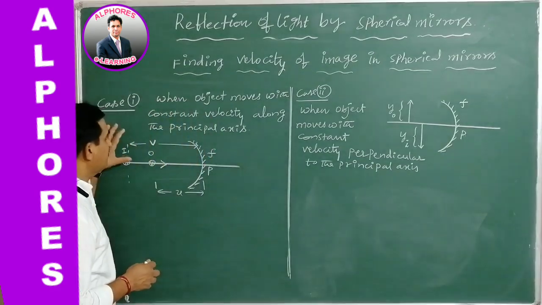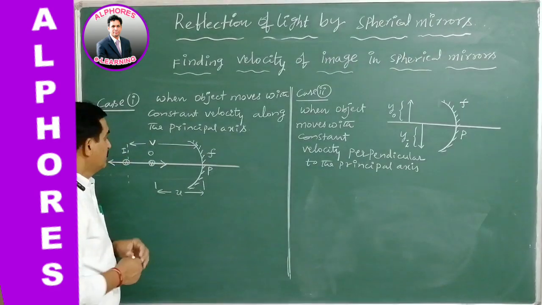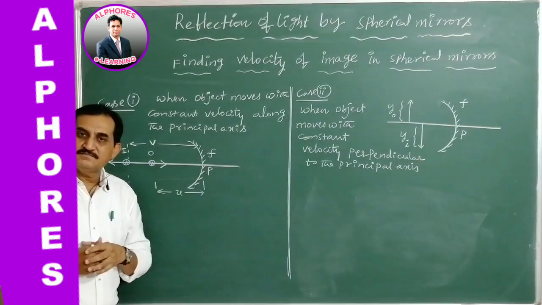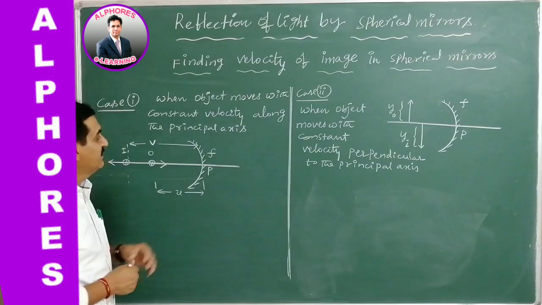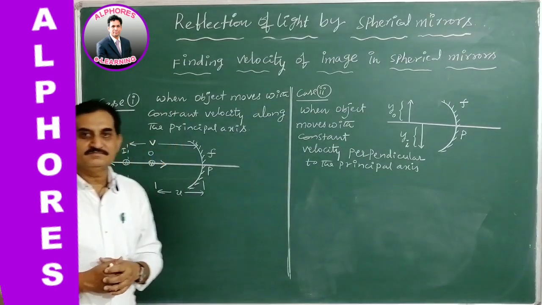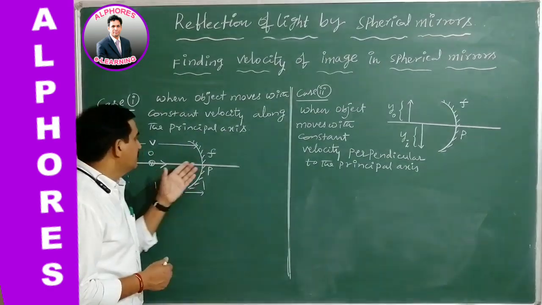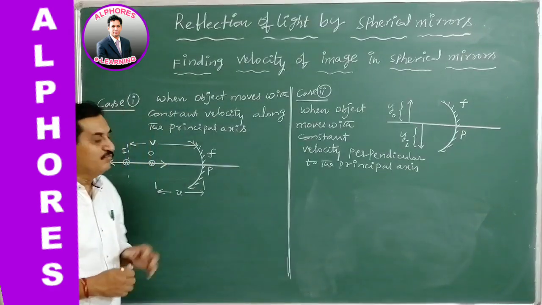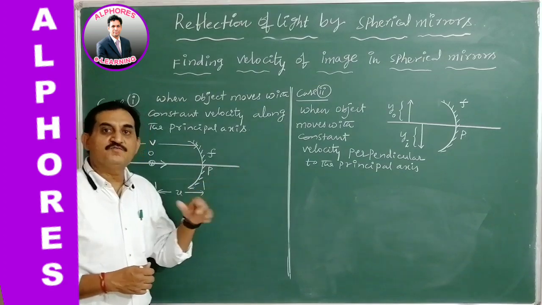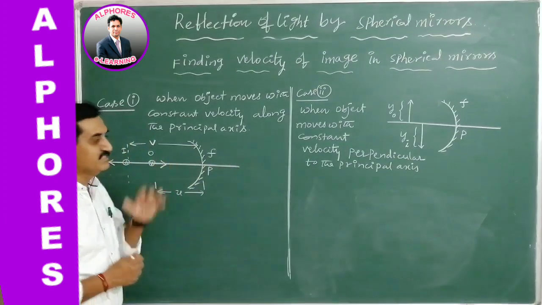So here the first case is giving the component of velocity along the x direction, that is, along the principal axis, one component of the velocity of the image.